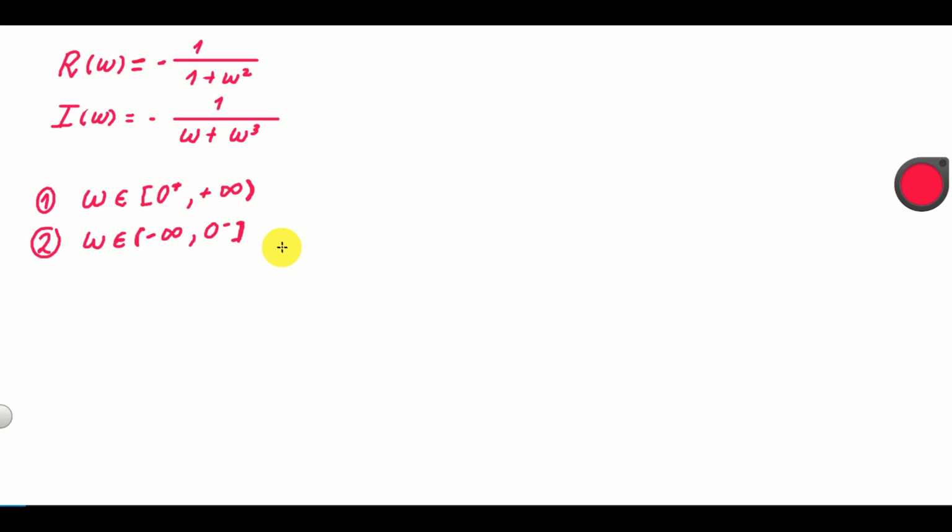That is, the Nyquist plot for the negative values of omega is simply obtained by mirroring the Nyquist plot for the positive values of omega. And in the third step, we are going to resolve what happens when omega is in the interval from 0 minus to 0 plus. That is, we will need to use our semicircle that we explained previously.